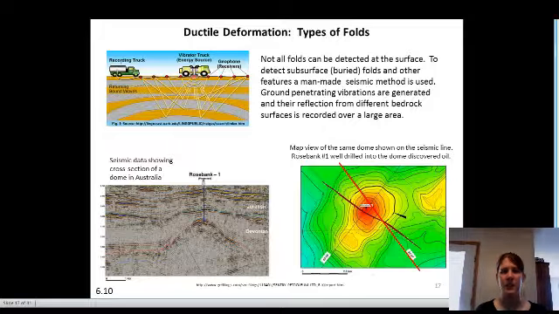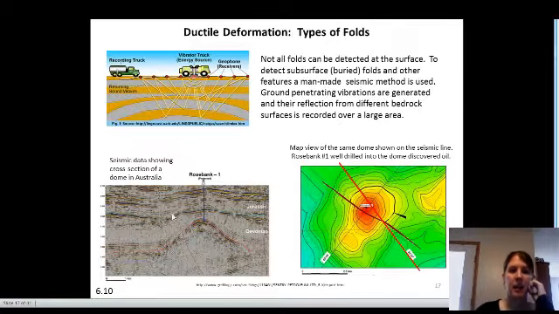To detect these subsurface folds or subsurface faults, seismic methods are used. We use these ground penetrating vibrations, and their reflections back actually tell us the difference in the rock layers in the subsurface. This is just a seismic data readout, and you can see the colors kind of indicate rock type based on how the waves are returned.